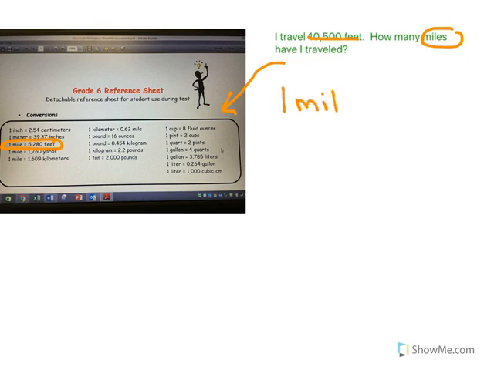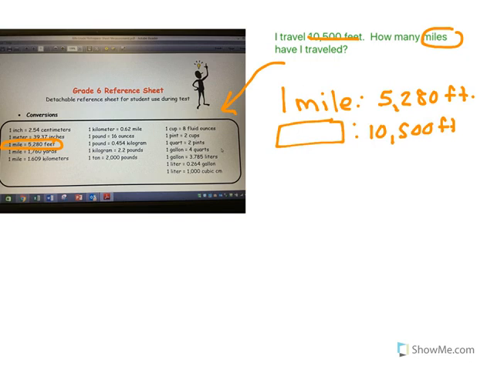Again, I start with that. For every 1 mile, I can go 5,280 feet. But this time I know I have 10,500 feet, so that's going to go over here on my right-hand side, making my unknown on the left in terms of miles. Now this one is not as easy. I know there's a relationship between 5,280 and 10,500, but I don't know what it is.